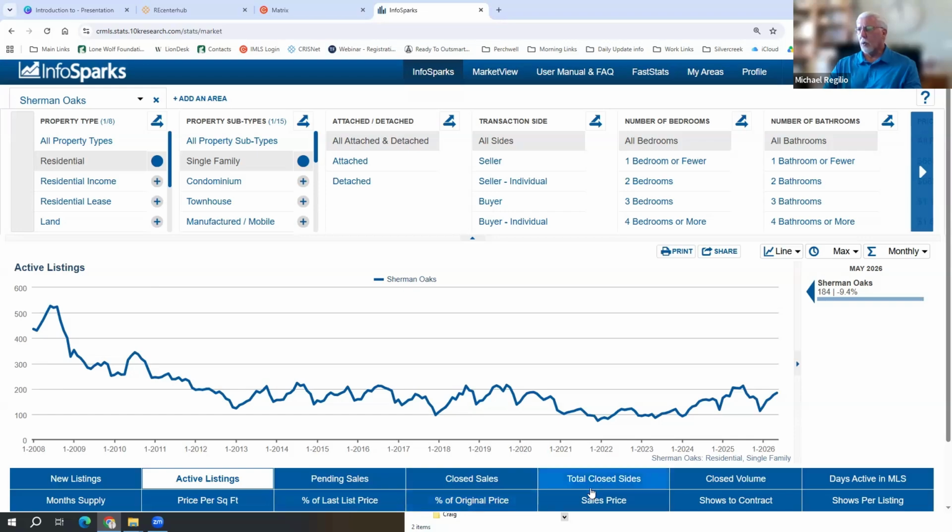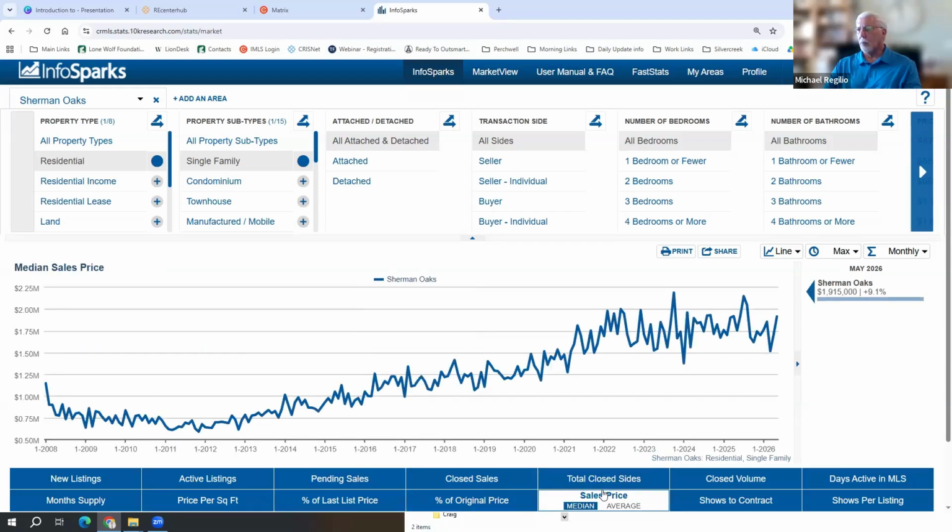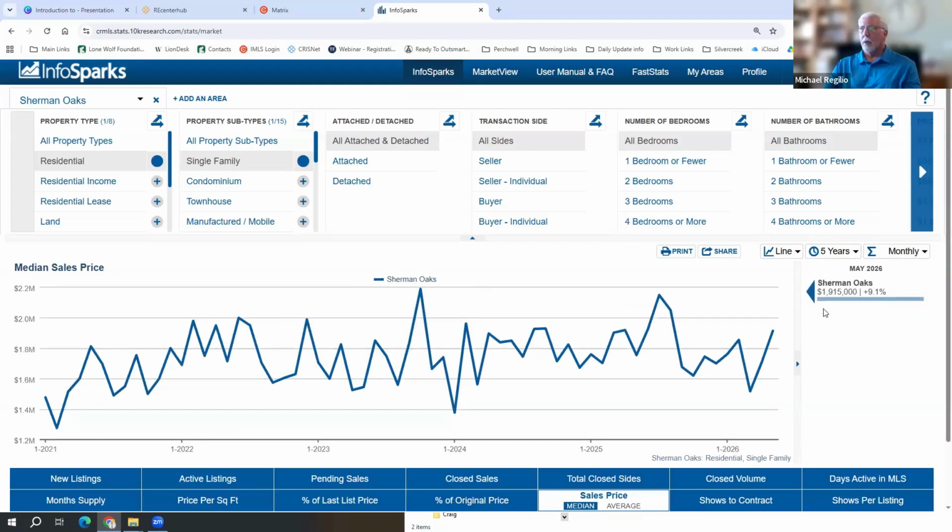It's kind of cool to look at the sales price going back to 2008, because there's that saying that every low is followed by the next high, the next low is always the last high. And we can see how much we've gained even since 2020, 2021.